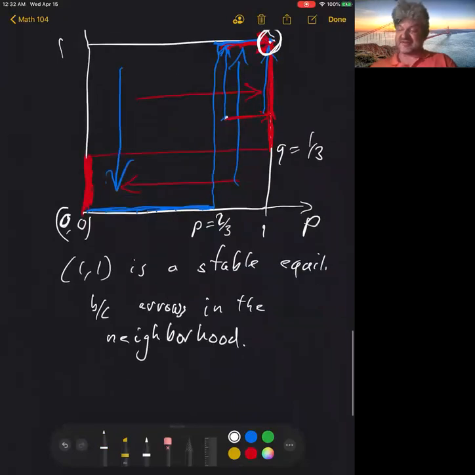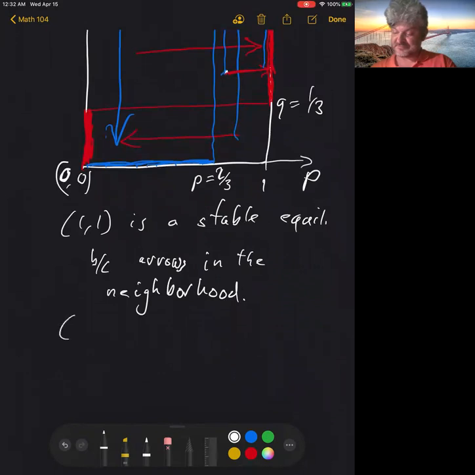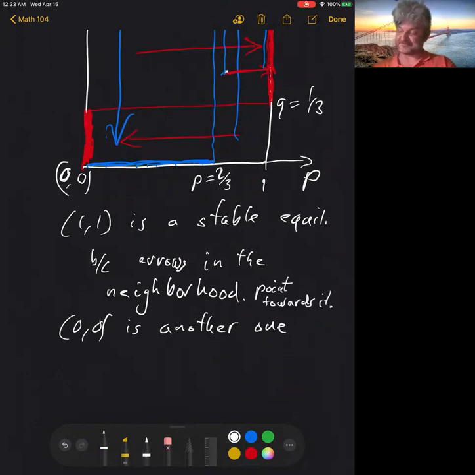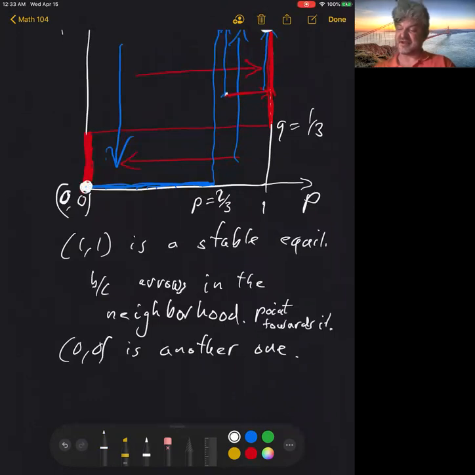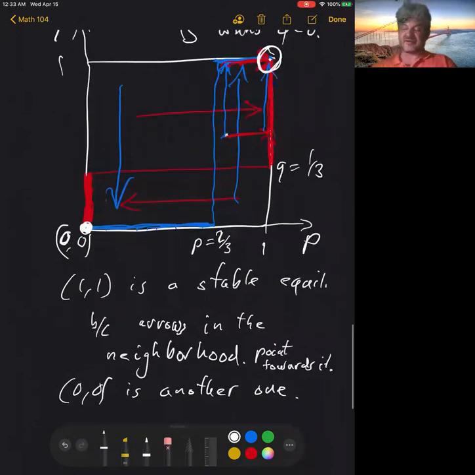So far, so good. The same thing happens at the point 0, 0. Another stable equilibrium, because arrows in the neighborhood point towards it. And now the last one.